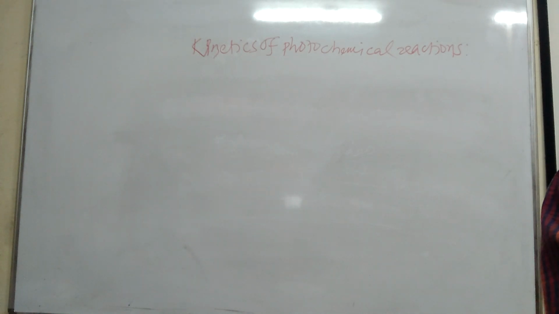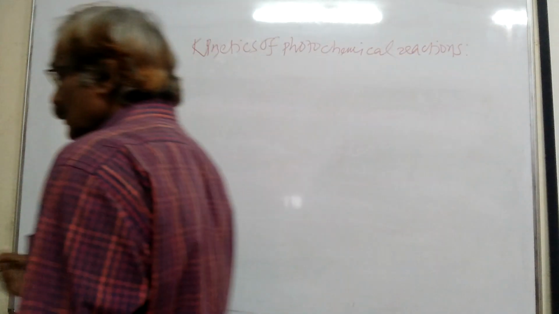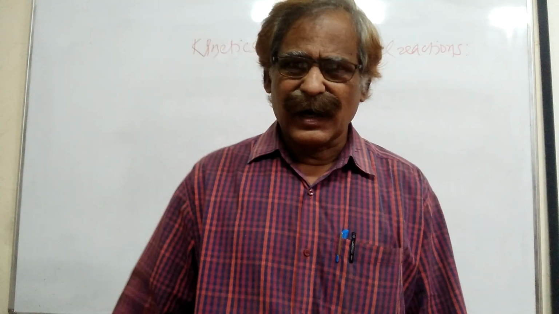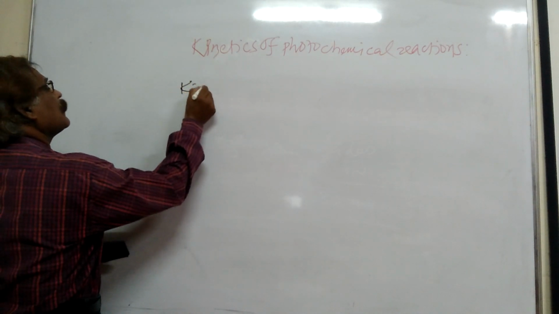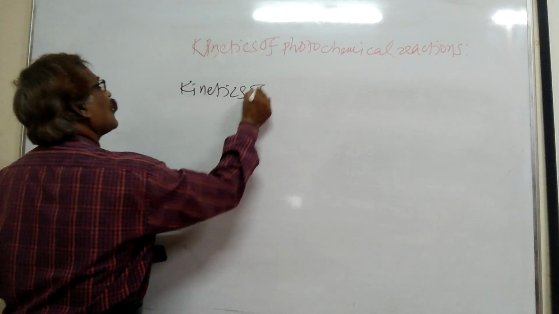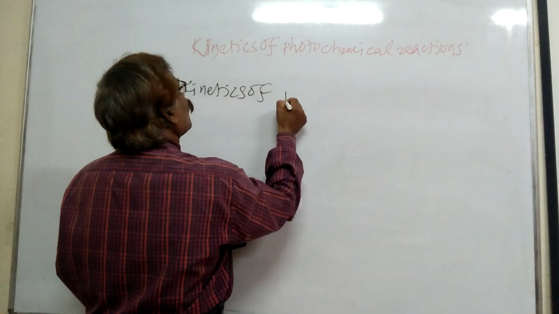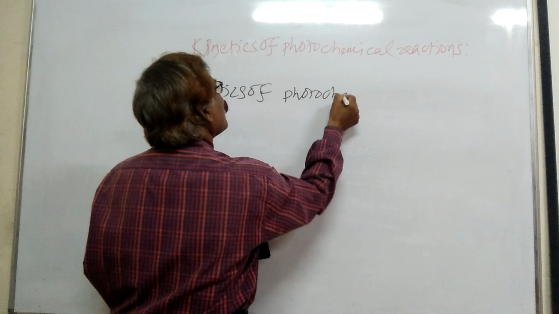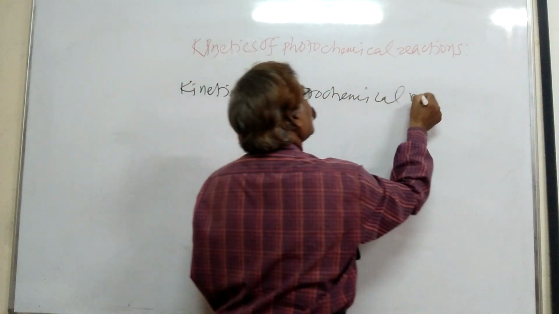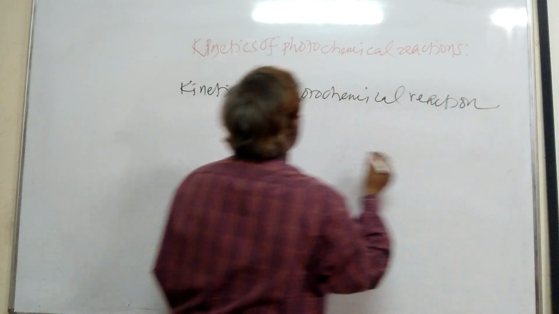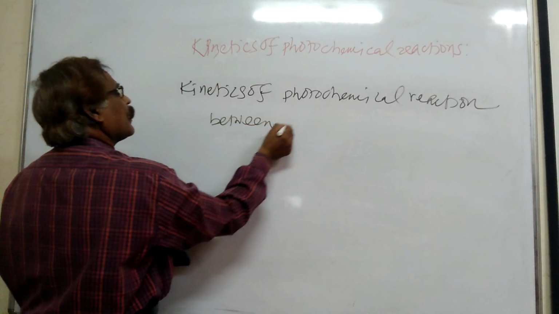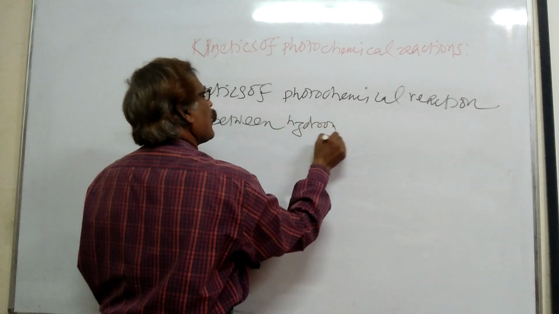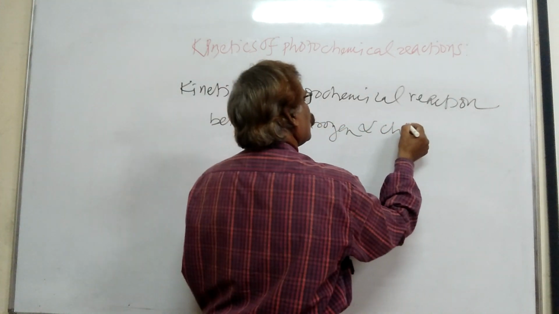In our syllabus, we have to study the kinetics of photochemical reactions of three types, and the first one is the kinetics of the photochemical reaction between hydrogen and fluorine.